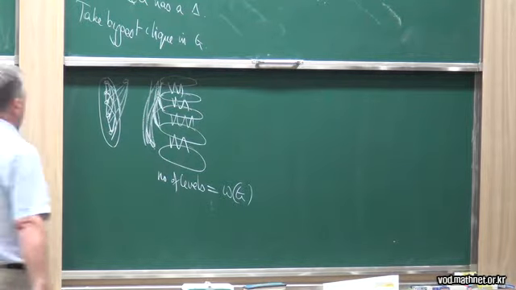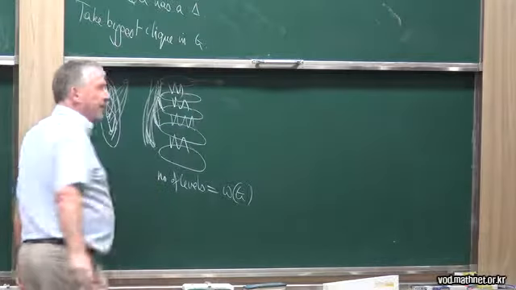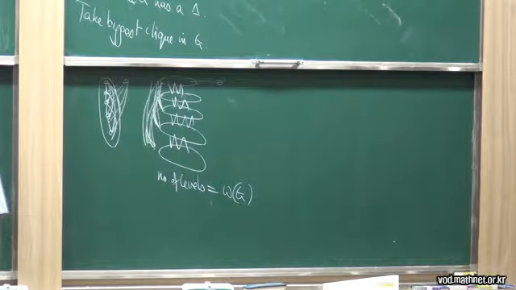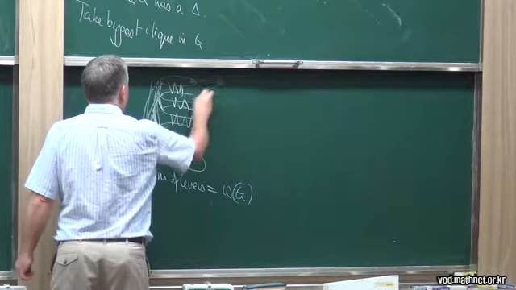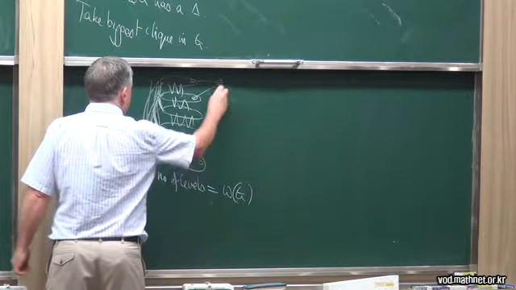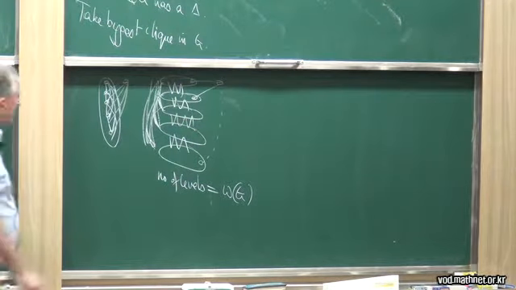So I can assume there's more vertices. And since the graph's connected, there's a vertex with a neighbor here somewhere. Now, what is it joined to? If it's got a neighbor here and a neighbor there and a non-neighbor there, that's not a paw. Let me try again.